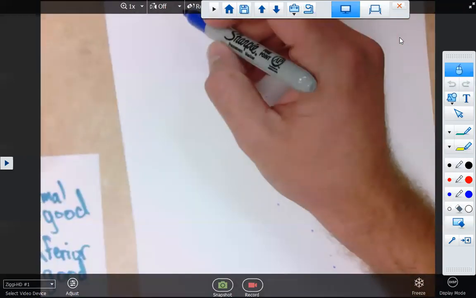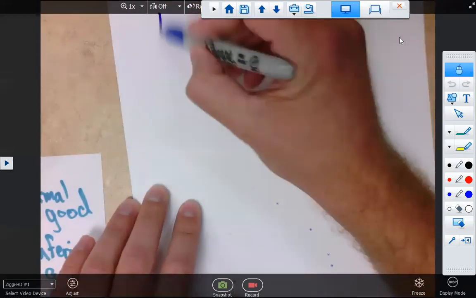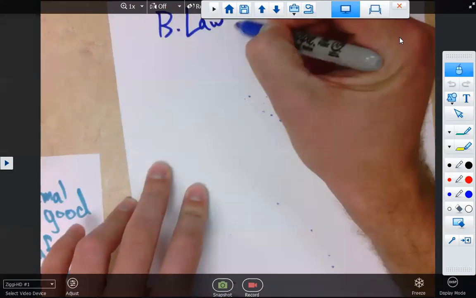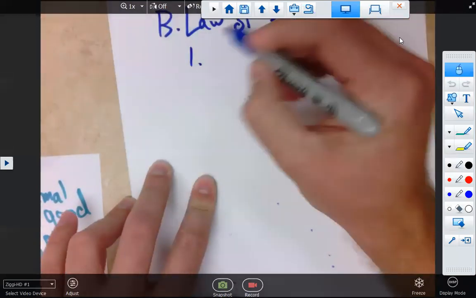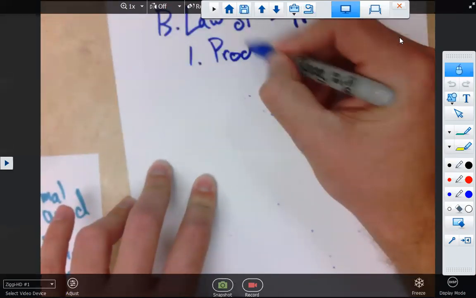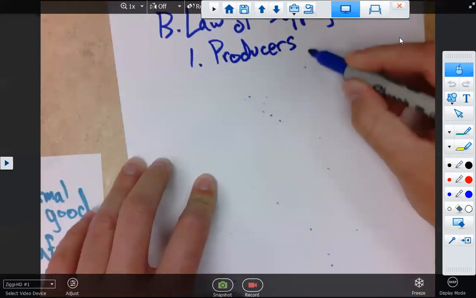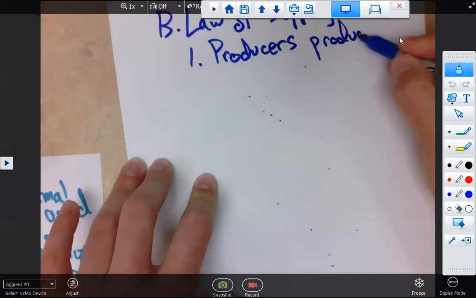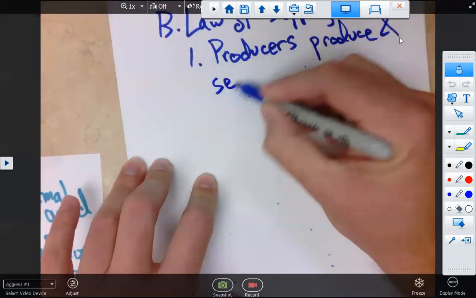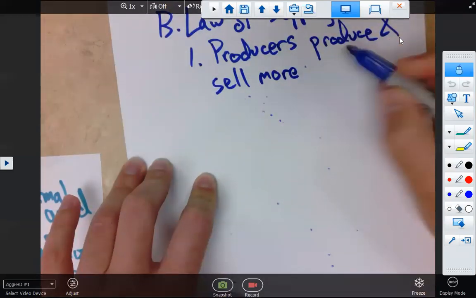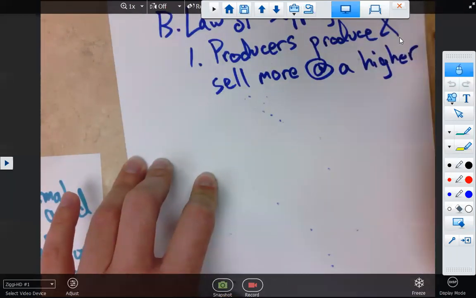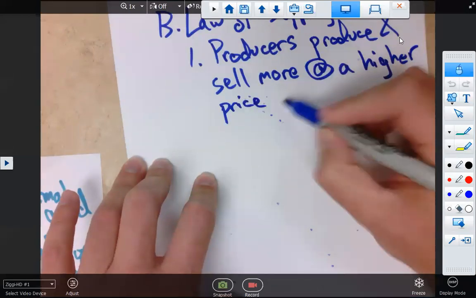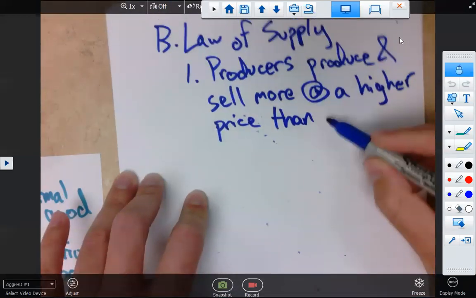So supply, this is B, law of supply. Essentially producers produce and sell more at a higher price than at a lower price. Pretty simple.